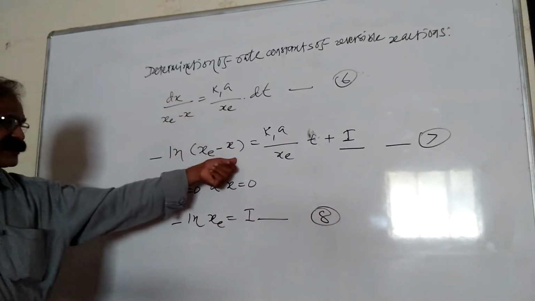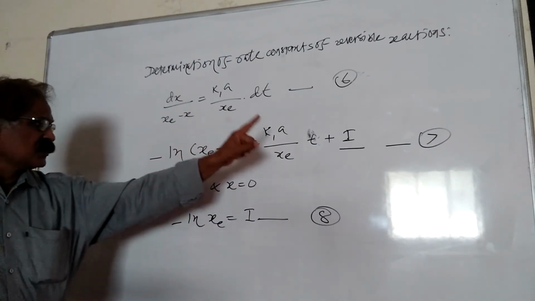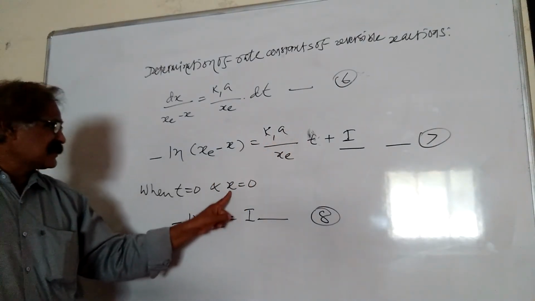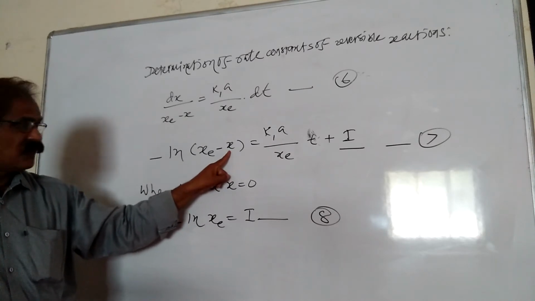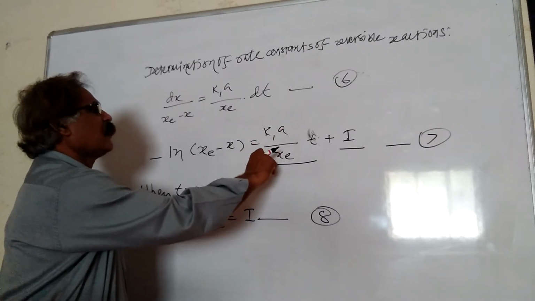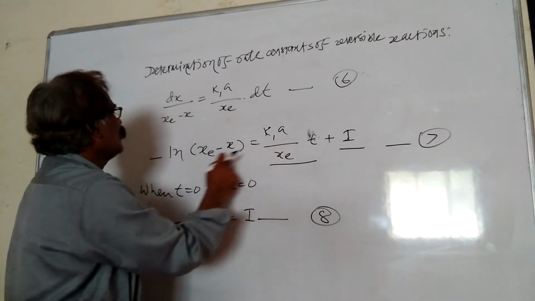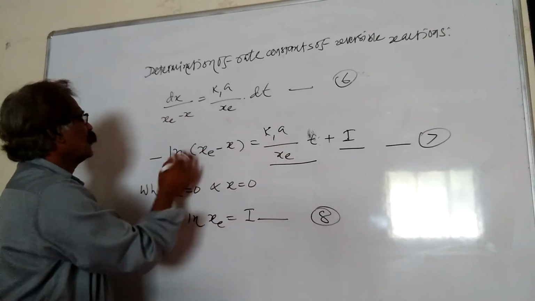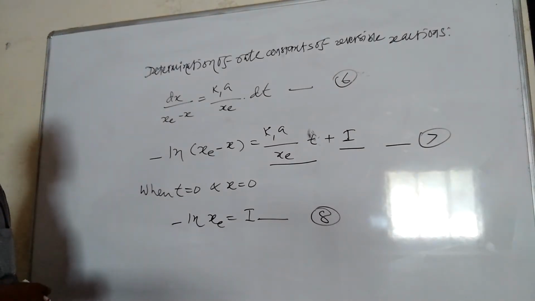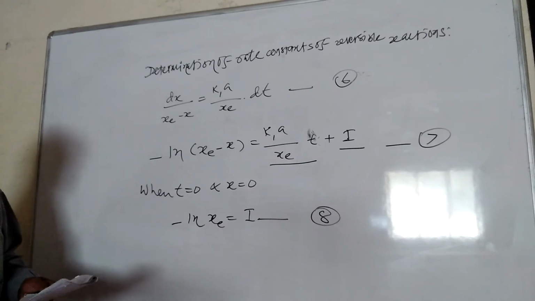When we look at this expression, we will see that when we substitute t is equal to 0 and x is equal to 0, obviously this term k1a upon xe into 0 becomes 0. Similarly, here xe minus 0 becomes natural logarithm of xe, and so I is equal to minus natural logarithm of xe.